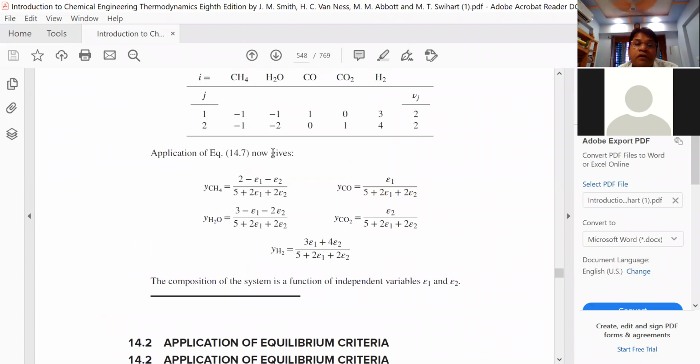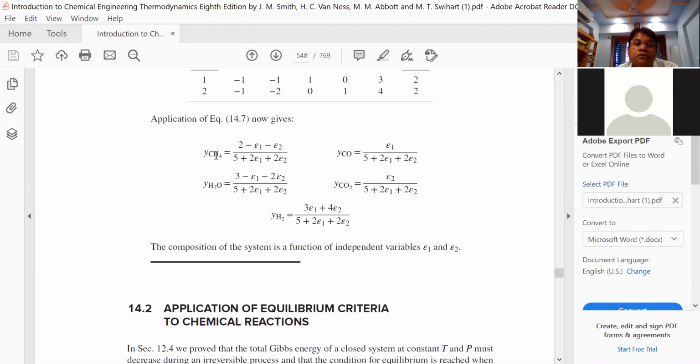So write down all are available. So after simplification, you will get the expression. So this is the expression of mole fraction for methane, then mole fraction for carbon monoxide, mole fraction for water, mole fraction for carbon dioxide, mole fraction for hydrogen.